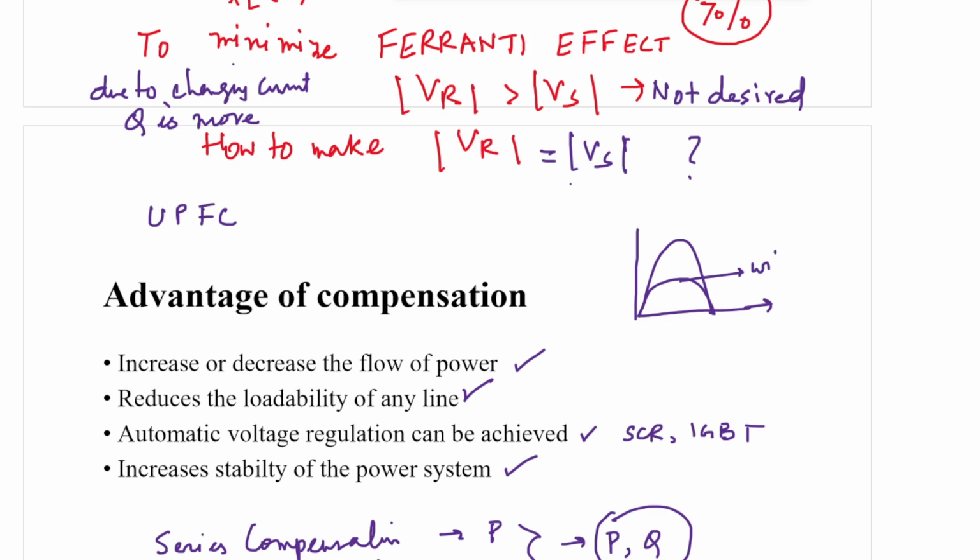This is without C and this one is with C. So with C, our transmission line can transmit more power, which will increase its stability limit, because I have already told you this is the steady state stability limit. So that stability limit increases. So it is very easy to control the power system.